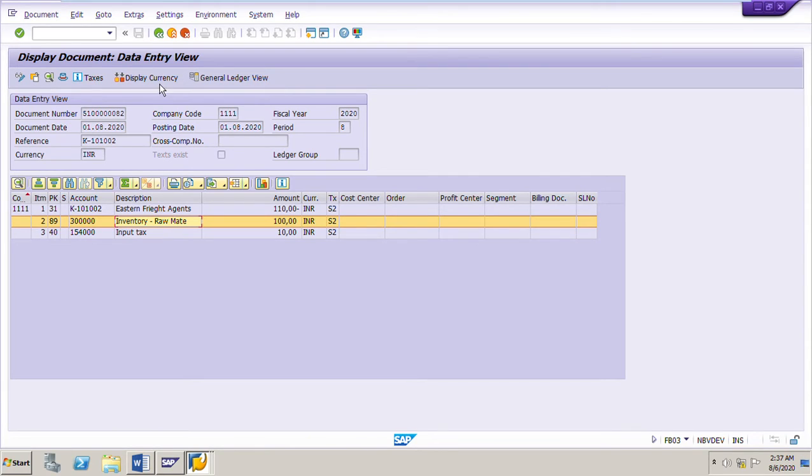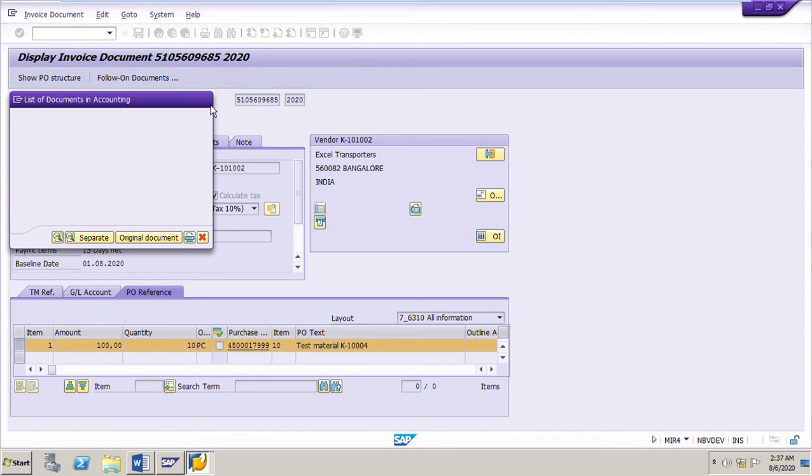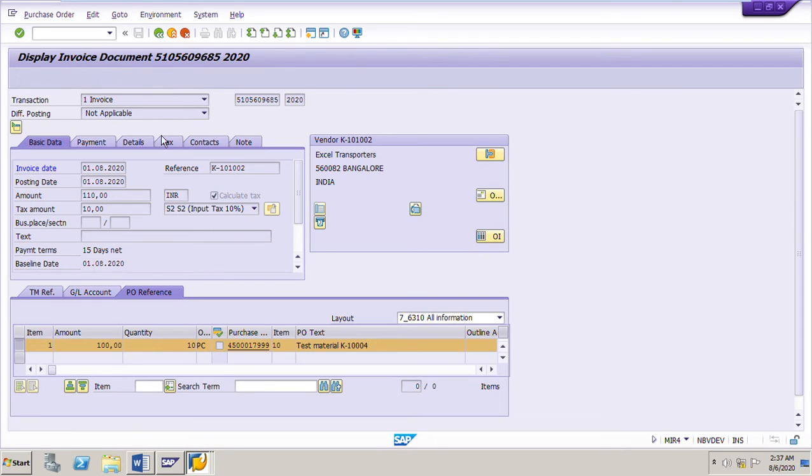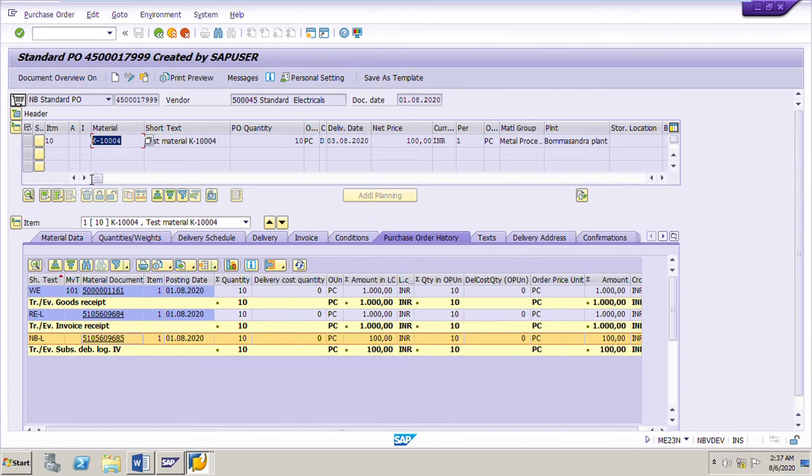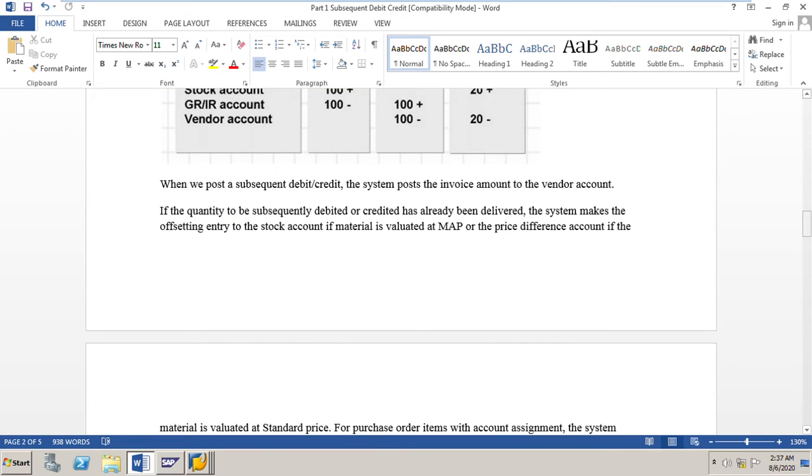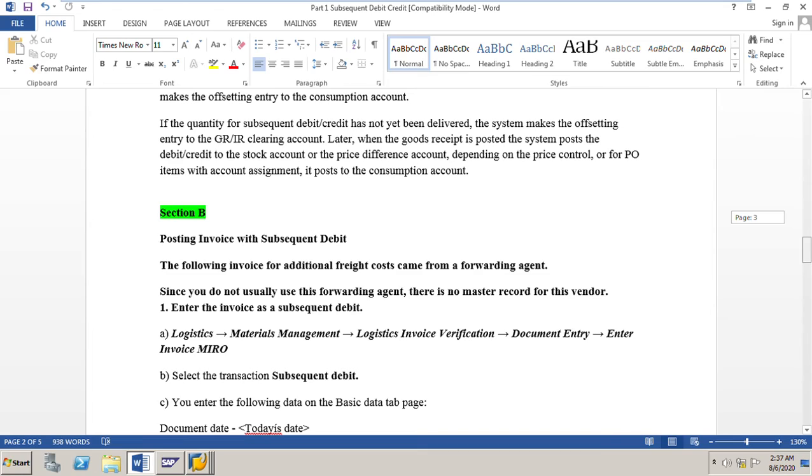So why? Because this material is valued at moving average price. If this material was valued at standard price, then that subsequent debit of 100 rupees would have been updated in the price difference account. So this is the overview of subsequent debit and credit.